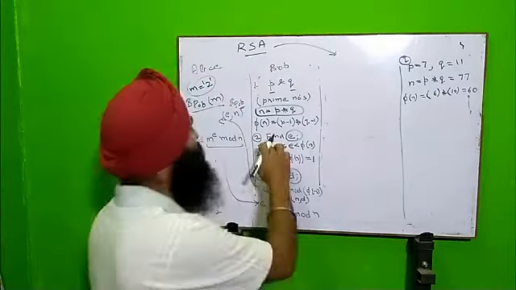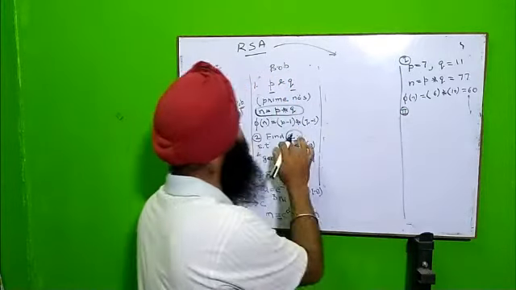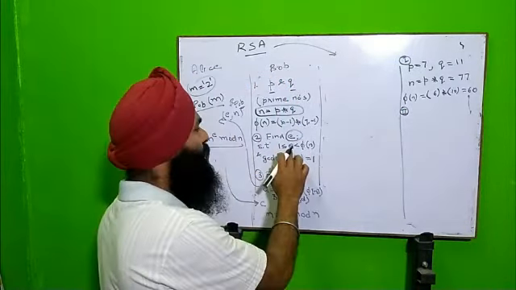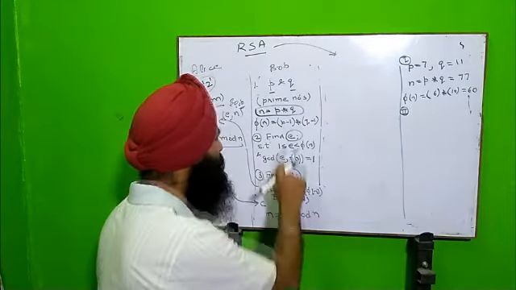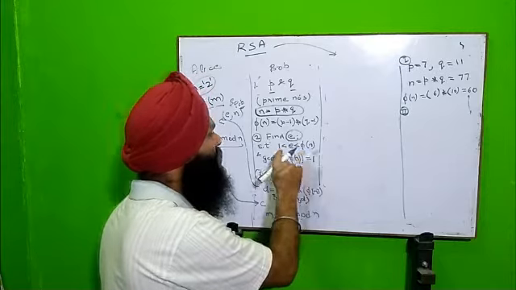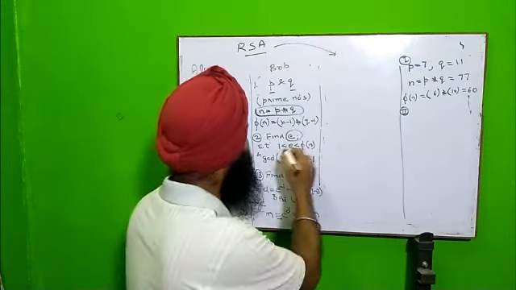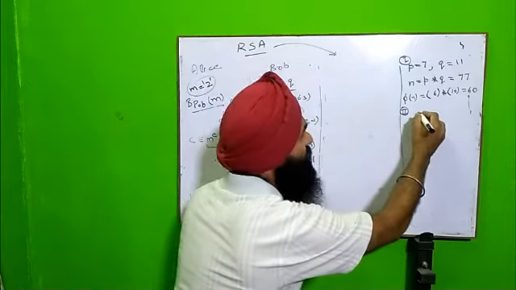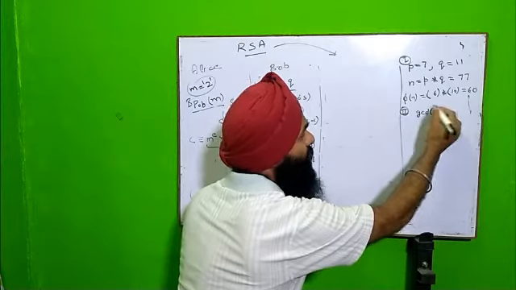So now let's find e. This is our second step. The value of e should be greater than 1 and less than phi of n. Let's take GCD of e and phi n, which is 60.